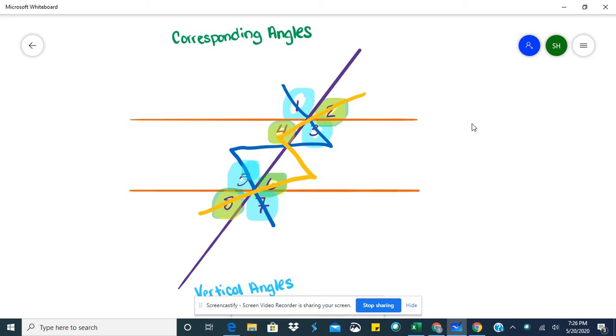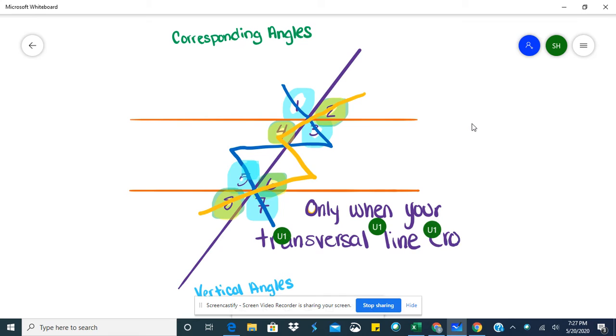Corresponding angles only work when your transversal line crosses parallel lines.